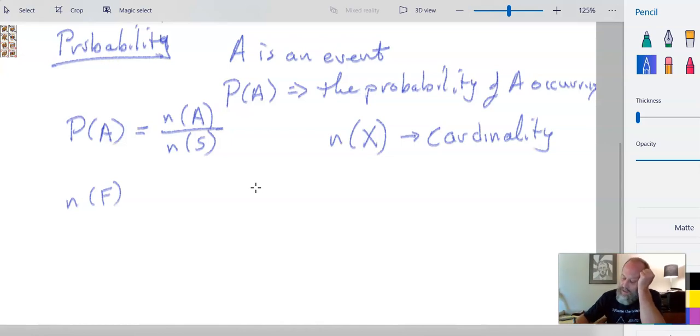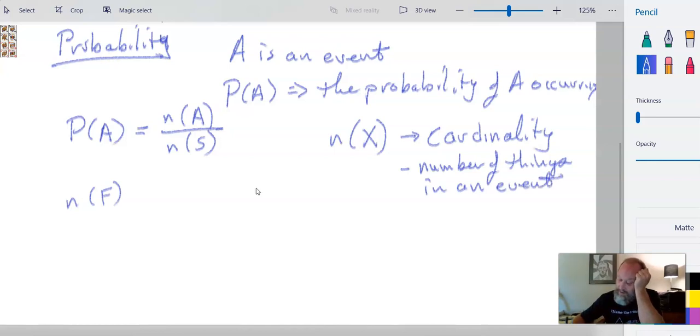So the cardinality is the number of things in a set, and I should say in this case, an event. Or you can think of it as the number of ways an event can happen. If X is an event, then n of X is the number of ways it can happen. We'll talk about what that means in a little while.